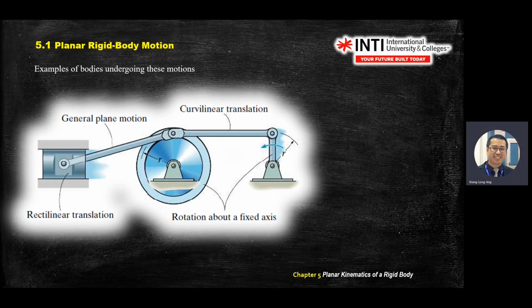This is an example of a rigid body that undergoes the 2 types of motion. You focus on this wheel with radius R. We are focusing on the link. This is called a link. We are looking at 2 points on the rigid body, this point and this point.